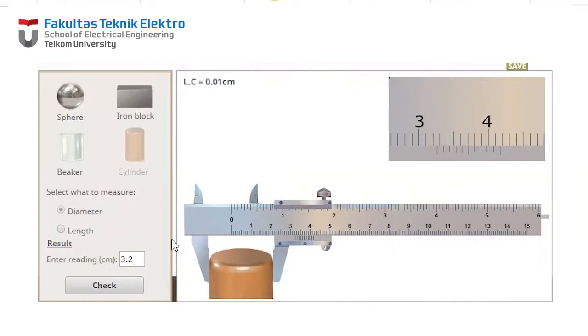So we have 3.26 cm for the outside diameter, right? 3.26. Yep. Thereby, that's how we measure an object using calipers.